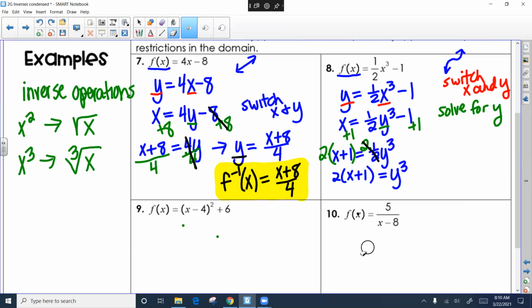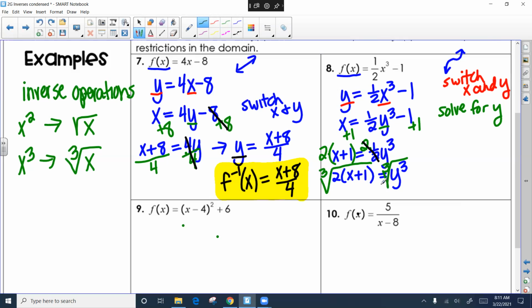Now I can get rid of the cubed part. That's where we have to use the inverse operation. So to get rid of the cubed, we need to do a cube root. So I'm doing a cube root of this side. And of course, whatever I do to one side, we do to the other. So I have to do a cube root of this side as well.